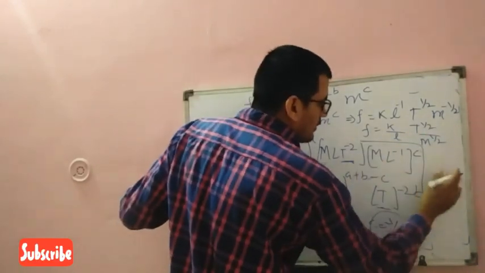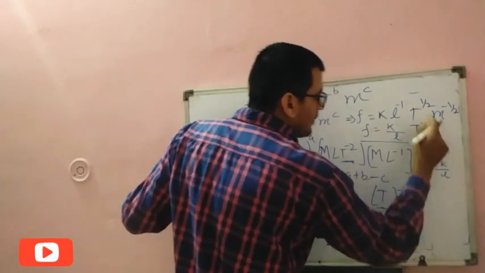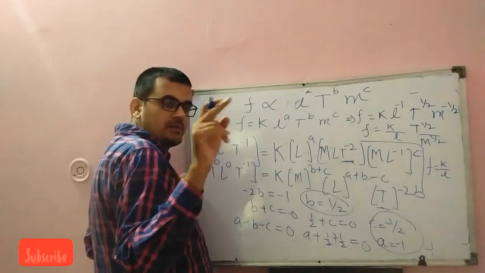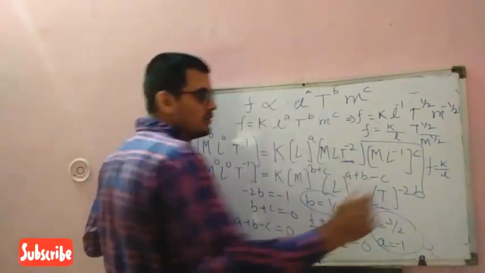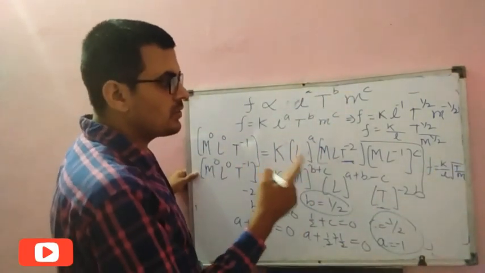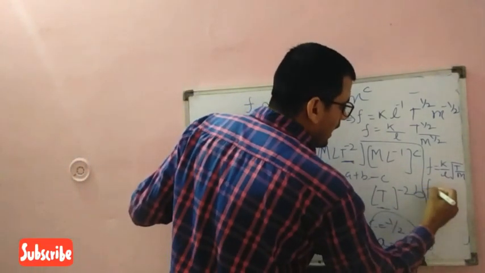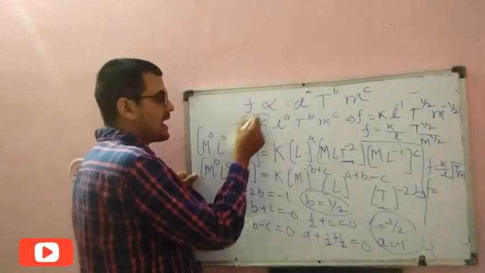So we get the relation F equal to K upon L. What is the meaning of power 1 by 2? It means under root. It will be T over M under root: F equal to K upon L under root T upon M.